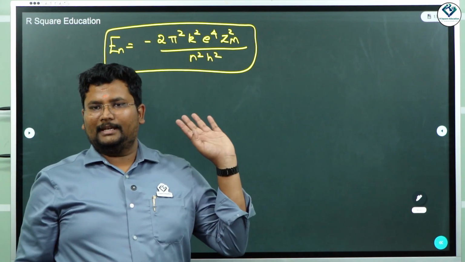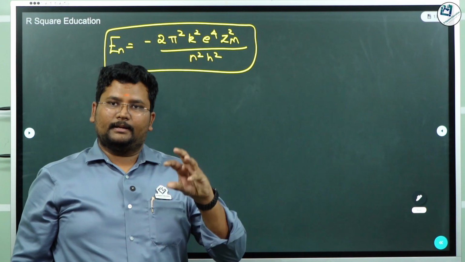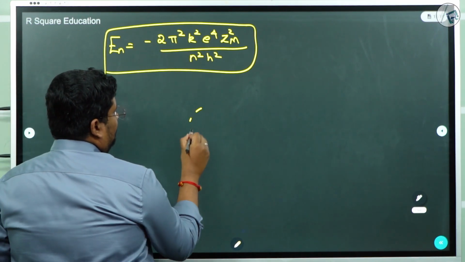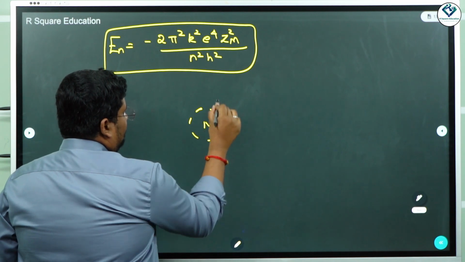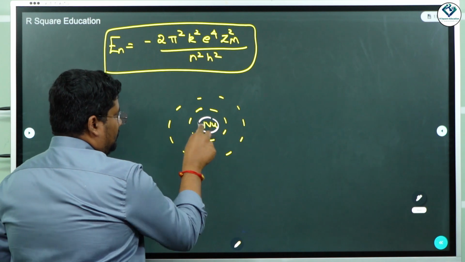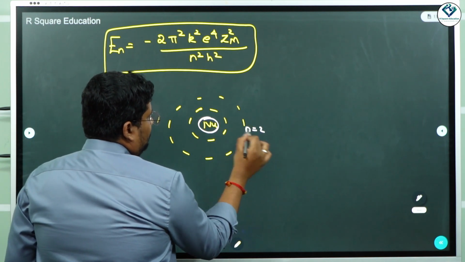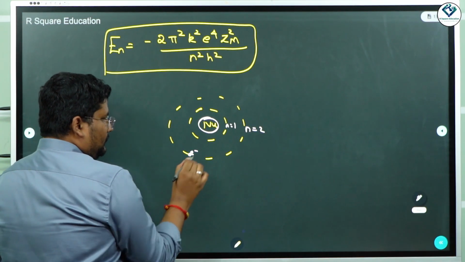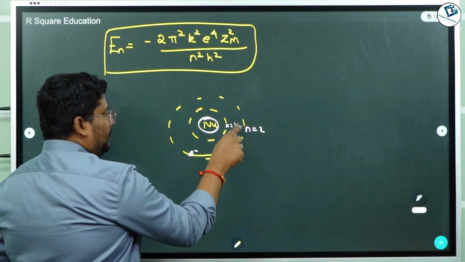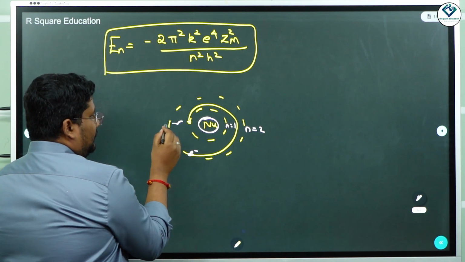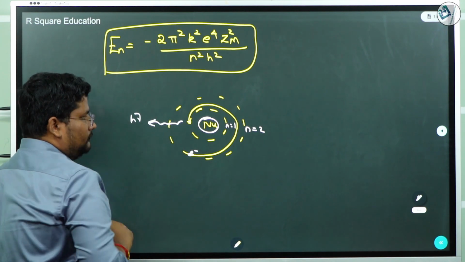So this is nothing but the energy of the n-th orbit. Okay? Suppose in a hydrogen atom, say for example, this is the nucleus and this is the first orbit and second orbit, n equal to 2 and n equal to 1. Now an electron is revolving. When it comes to the ground level, it will release h nu.